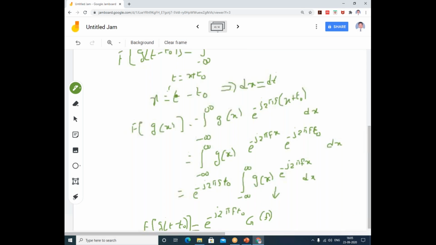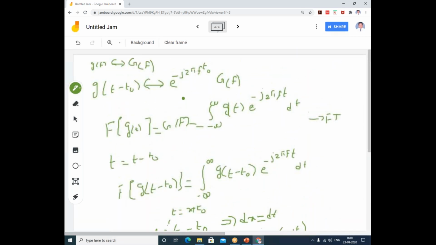So please try to understand. We know the Fourier transform of g of t is G of f, and we have to find the Fourier transform of g of t minus t naught. This is the shifting. Here the shifted value is t naught. Now you need to find the Fourier transform from the fundamentals.